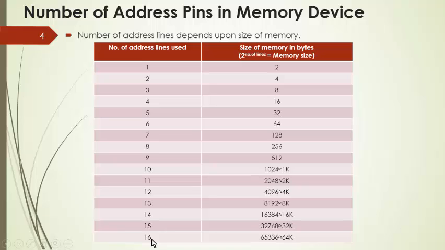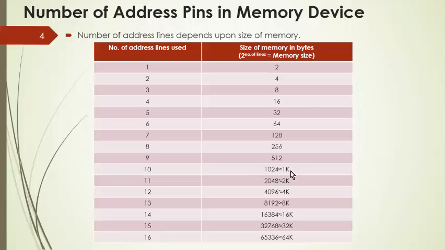If we are using all 16 address lines, that is A0 to A15, that memory capacity of 64 kilobytes consists of the program memory as well as data memory. So by using this simple formula, we can calculate the memory capacity, or in reverse, we can calculate the number of address lines.